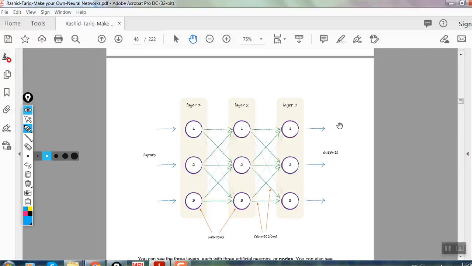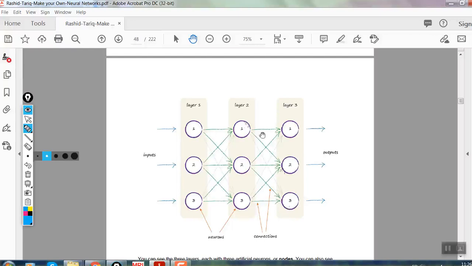But what is the relationship between the neurons? These green arrows show the connections, the relationships between the neurons.